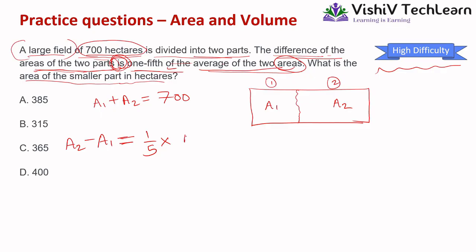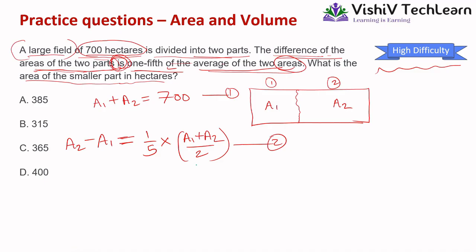Average of two areas is A1 plus A2 upon 2, and we can consider bracket. This is the second equation. So first equation we got, second equation we got. Solving these two equations, we can easily get the final answer. Correct. So this is the logic, we can say.